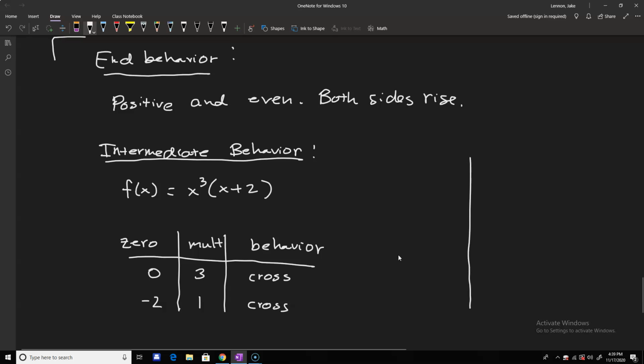So essentially, we know our graph basically has to hit the x-axis at 0 and also at -2, and it needs to cross the x-axis at both of those places. So essentially what's going to happen is you're going to cross here, and then the third one you're also going to cross, and it'll go through a little bit flatter, but roughly look like that. So this is going to be a picture of your graph.